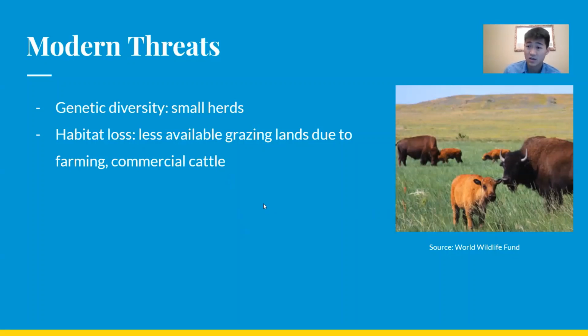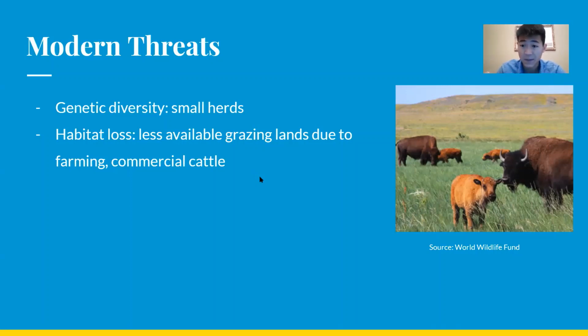And bison, especially in these huge herds, travel 2 miles a day. They need a lot of grazing land in order to really thrive. But a lot of this land is being taken over because of industrialization and commercial sectors expanding, but also mainly due to there being more commercial cattle, right?